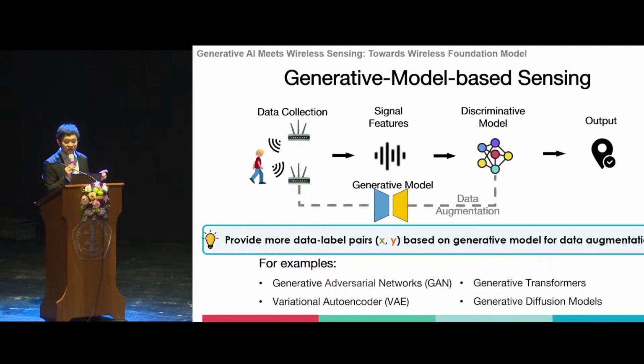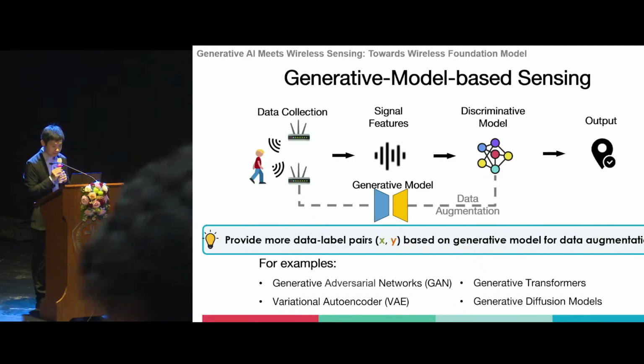The most direct use of this plugin model is data augmentation. We know that wireless signal data are hard to collect and label, so it's also hard to generalize across environments and devices. So we can use generative models to synthesize more training samples to train a model.